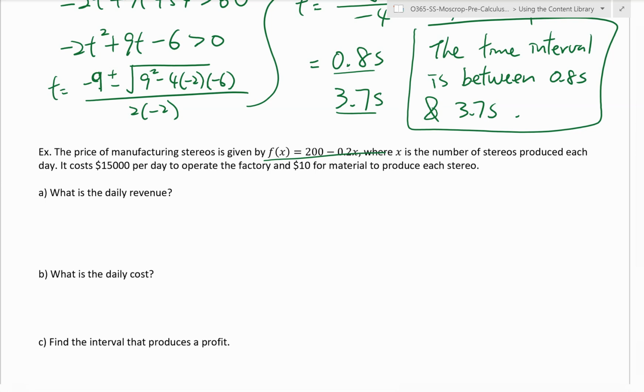Okay, what's the revenue? So what you need to know first is what's the revenue. Okay, revenue, recall, is the price times quantity. Okay, quantity. I think we talked about this in an earlier unit or earlier section.